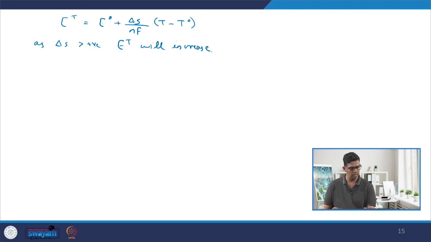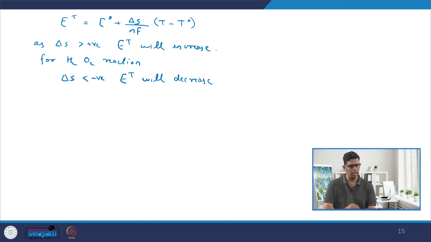That is what we discussed, and if there is a negative entropy change, as in the H2 O2 reaction, this entropy change is negative. So, ET will decrease. So, I can say ET will be less than 1.23 volt. This is your reversible cell potential E naught.